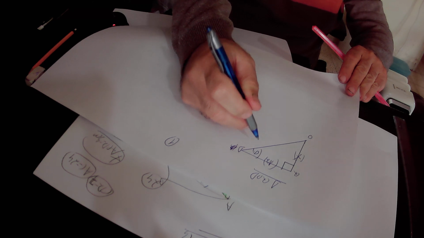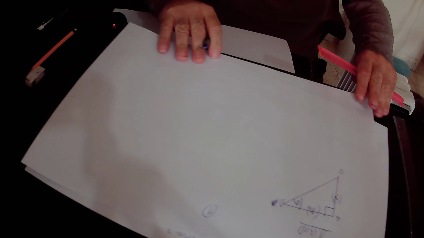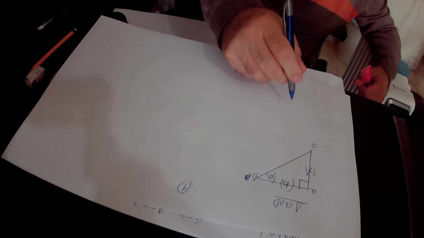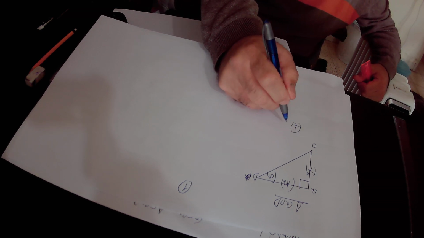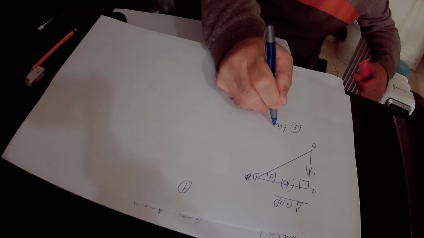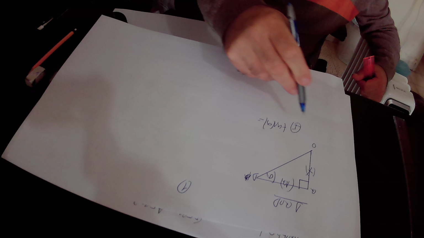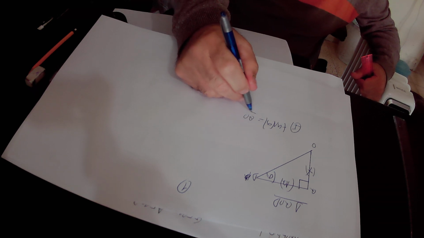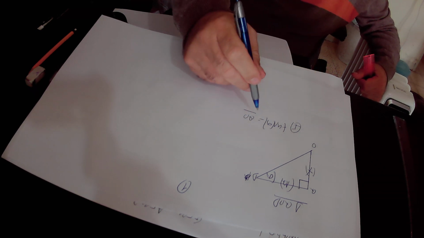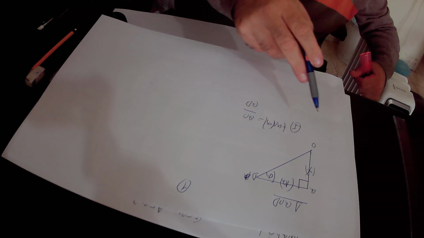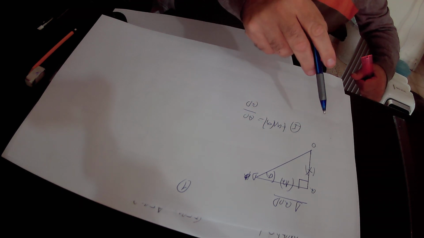In this right triangle QOD, copied from the original drawing, tangent alpha will be equal to QO over QD. Again, in this right triangle QOD, tangent alpha equals QO over QD.